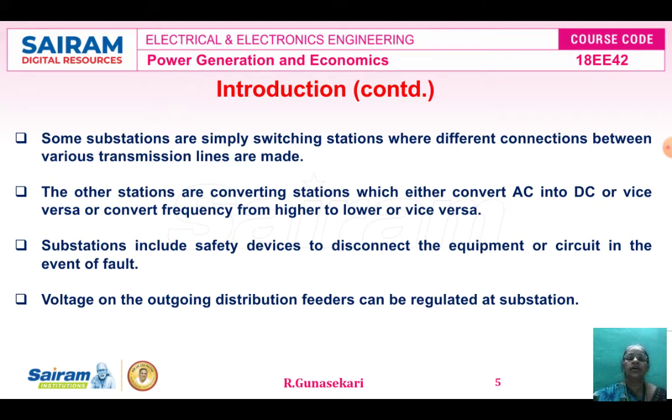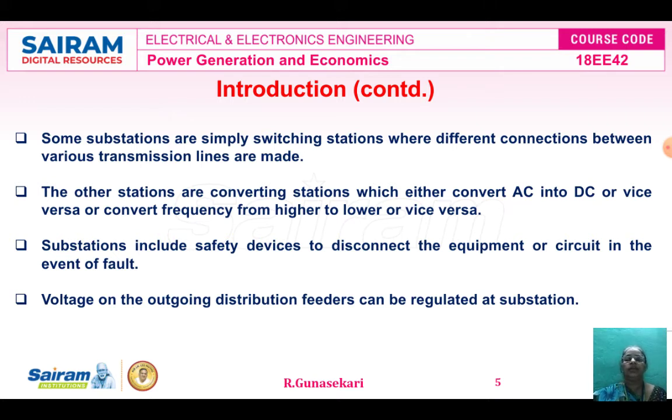These are examples of the safety devices used in substations. They disconnect the equipment or circuit from the power supply during fault conditions. The fault may be under voltage, over voltage, over current, short circuit, open circuit fault or earth fault, whatever it may be.